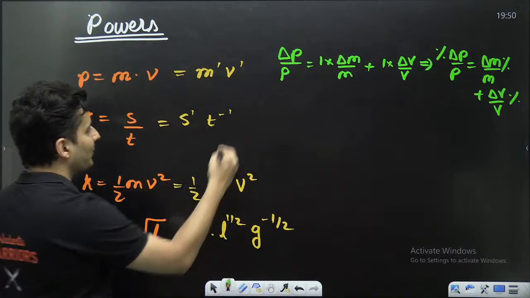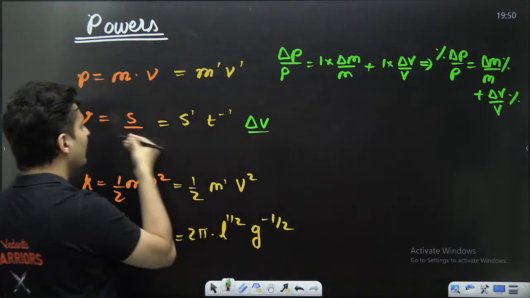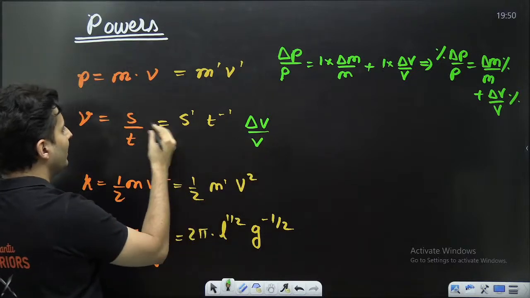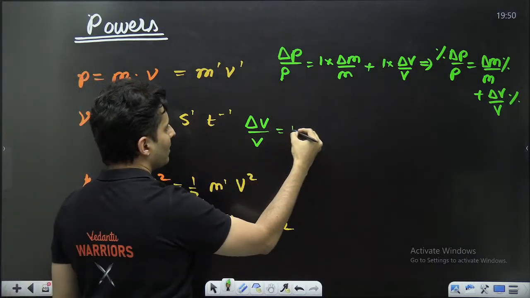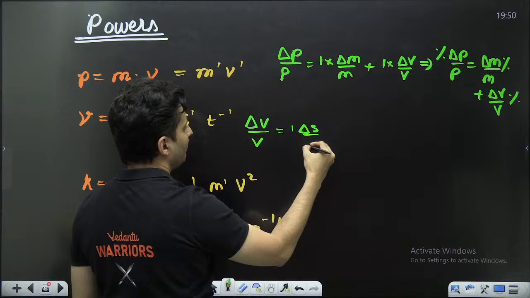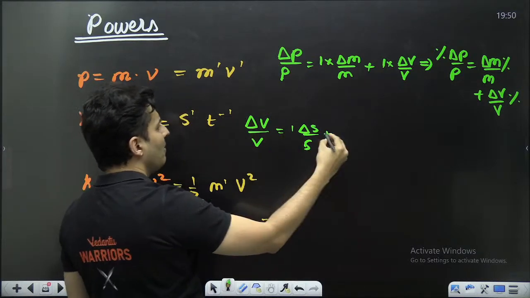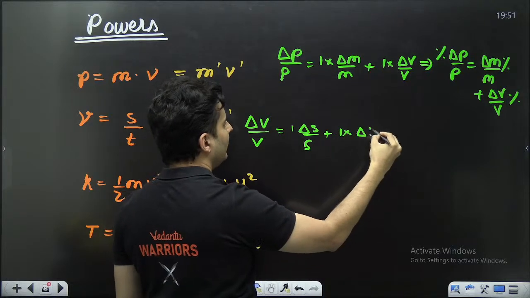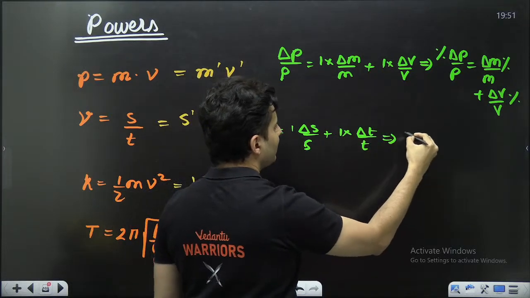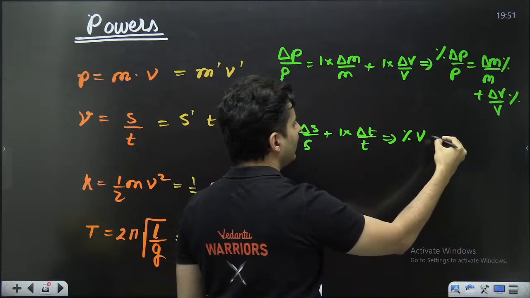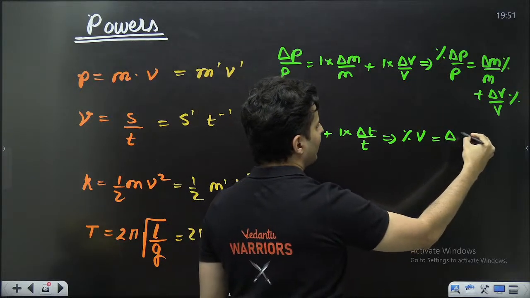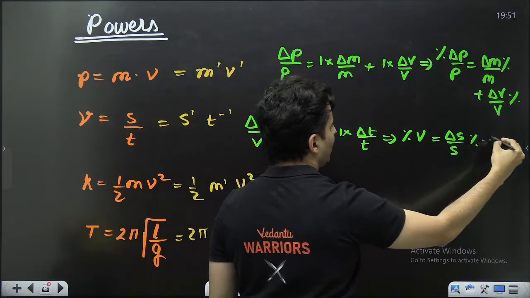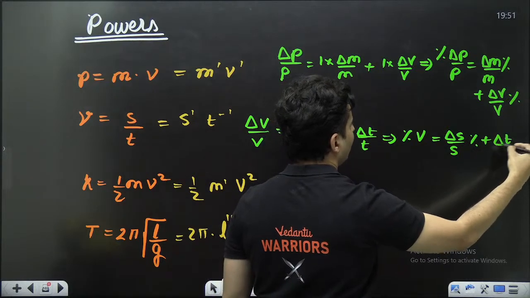Same thing over here. The percentage error or relative error in velocity: the power of s is 1, so 1 into delta s by s, plus the power of time is -1. Always take the modulus, so 1 into delta t by t. So the percentage error in velocity will be percentage error in s plus percentage error in time.